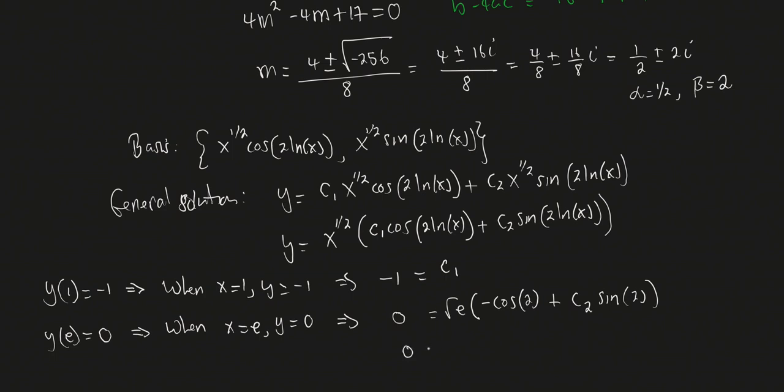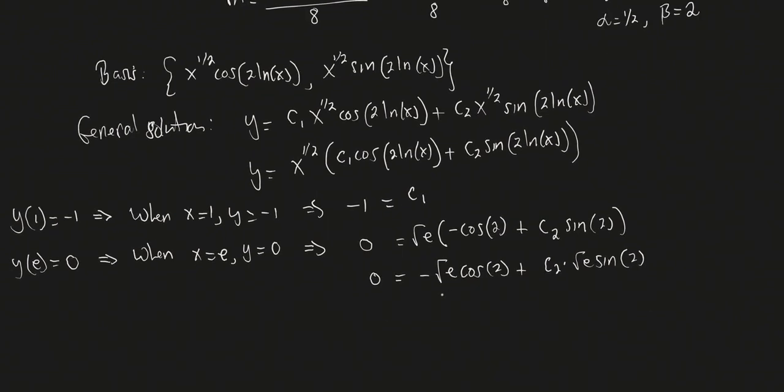So let's distribute the square root of e. So I'll have 0 is equal to -root e cosine of 2 plus, I'll write it like this, c2 times root e sine of 2. Remember we're solving for c2, so add root e cosine of 2 to both sides.